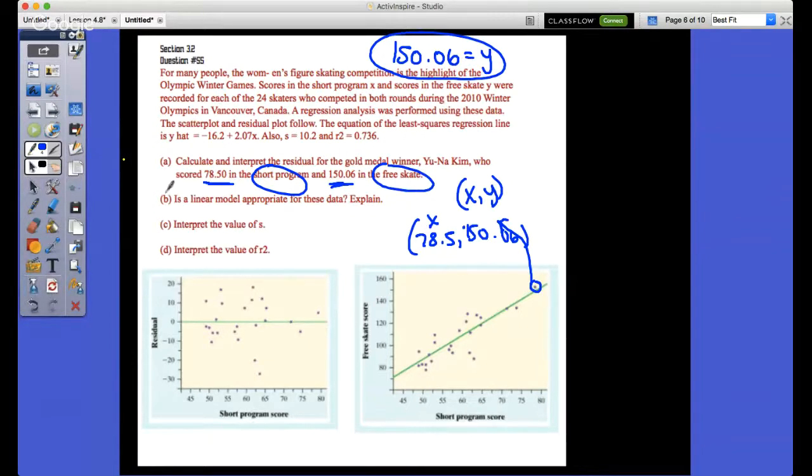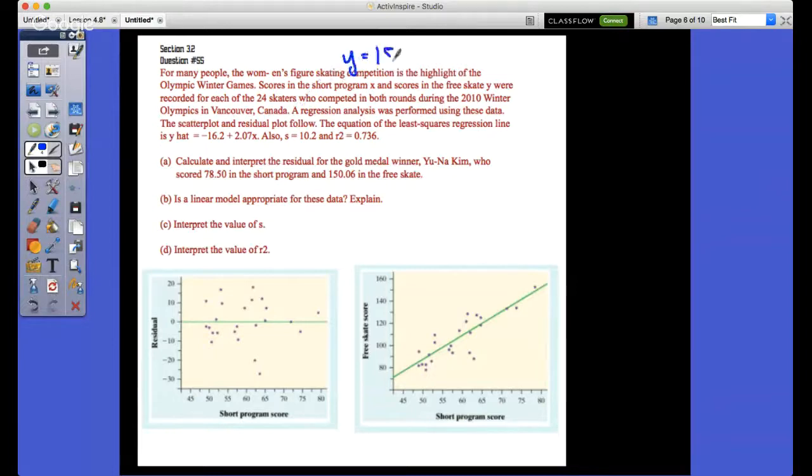The residual is the distance from that point to my LSRL. So really what we're doing is taking our actual y and subtracting y hat, which is the point on the LSRL. How do I get that point? We do it by plugging my x into my equation to get what the y hat would be. That's saying what is the predicted value when the x is 78.5?